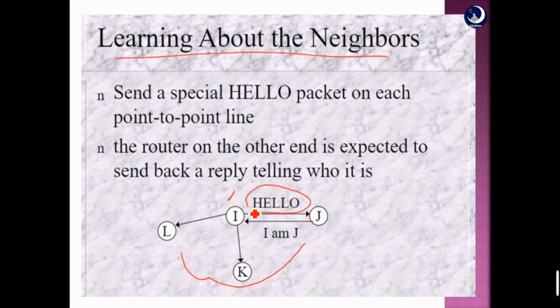Generally, if we want to talk with our friends, we first send a message like hello or hi. Even the routers do the same thing. First it sends the message hello. Then if other routers are near its surroundings, they will reply, I am J. In this way, I can know who its neighboring routers are.